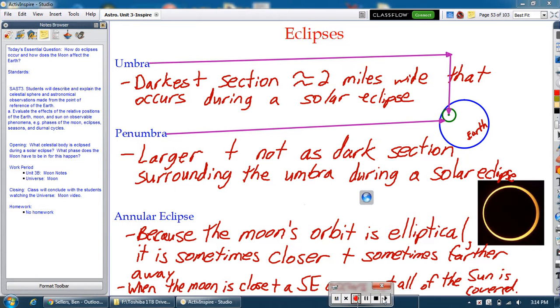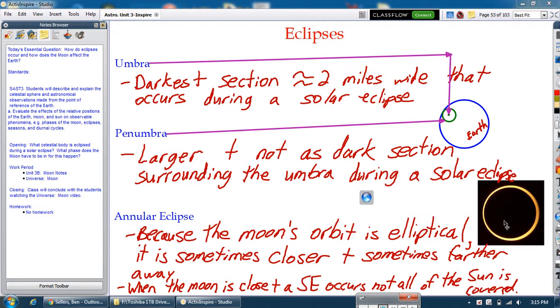An annular eclipse occurs because the moon's orbit is elliptical. Sometimes it's closer, sometimes it's further away. If this is the case, then it doesn't cover the entire surface of the sun, and you have what's technically called a partial eclipse.